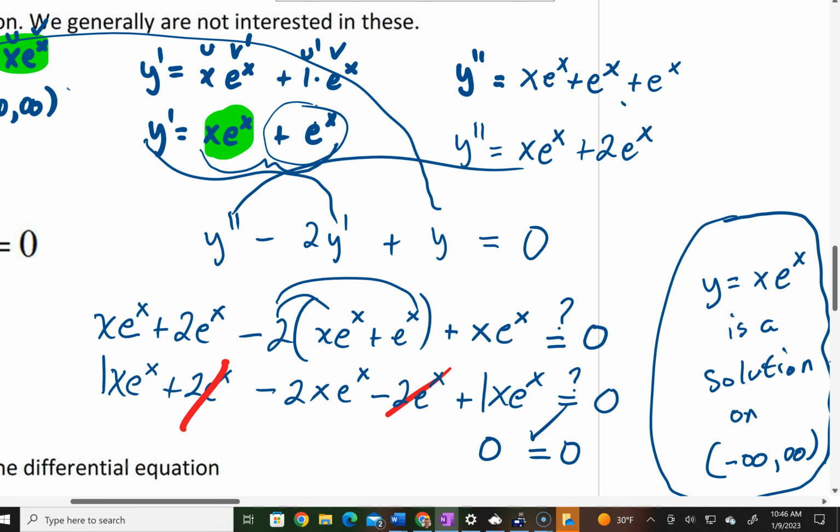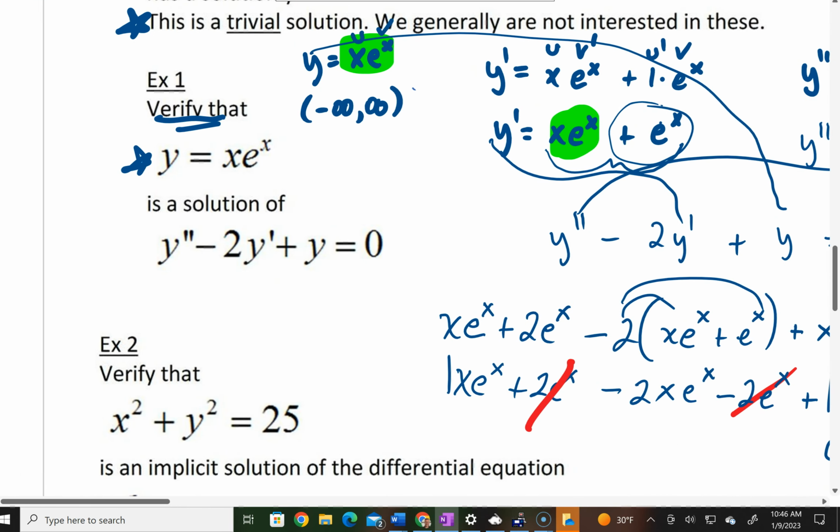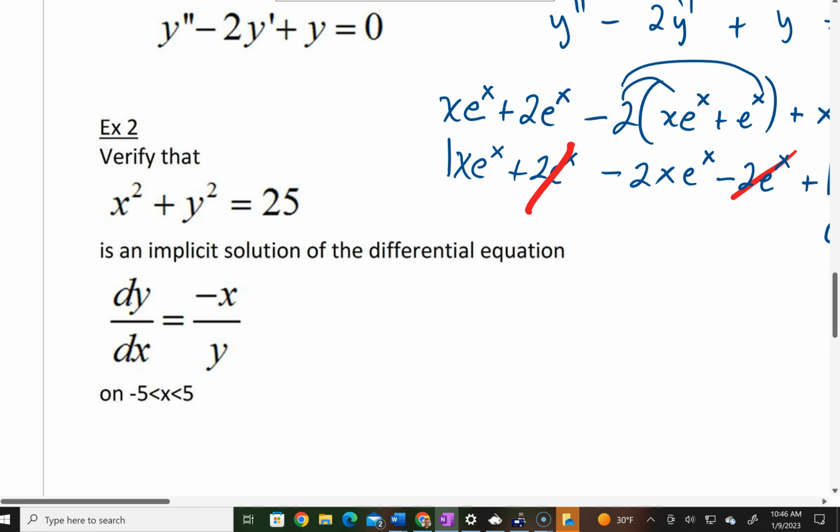We don't have to worry about any value of x that would break the interval up. We doing okay? This is known as an explicit solution. So very often you'll see that we can solve for y.